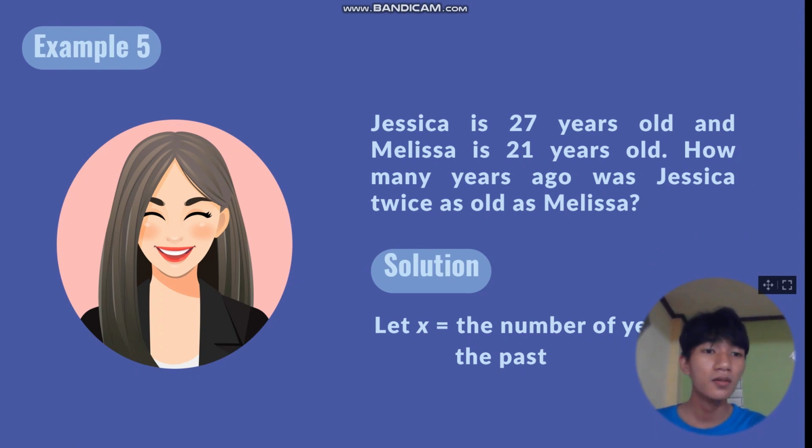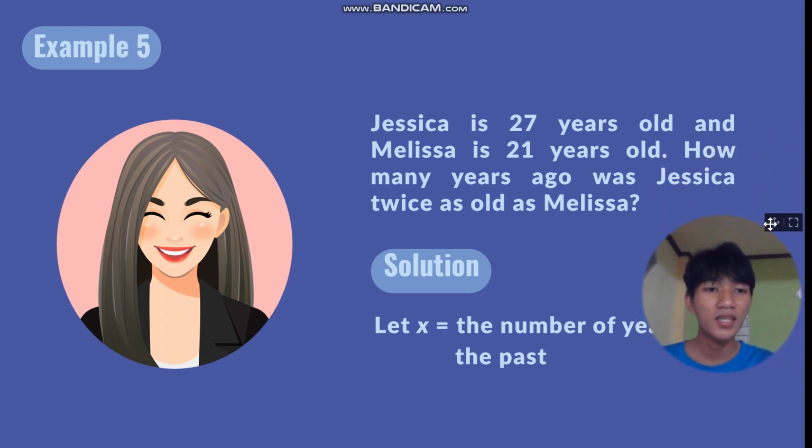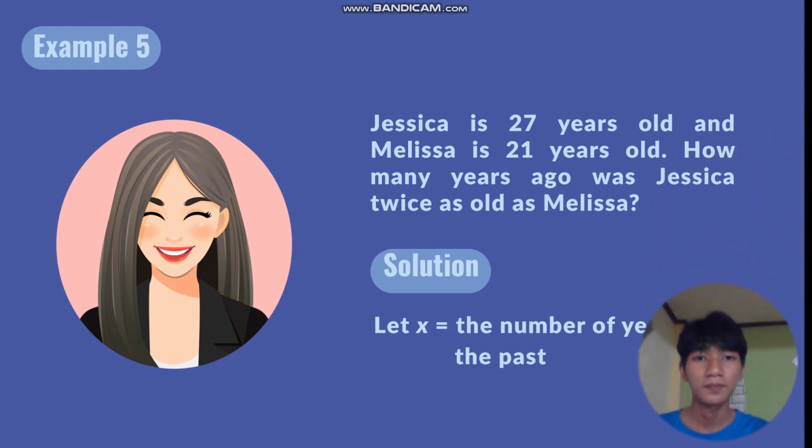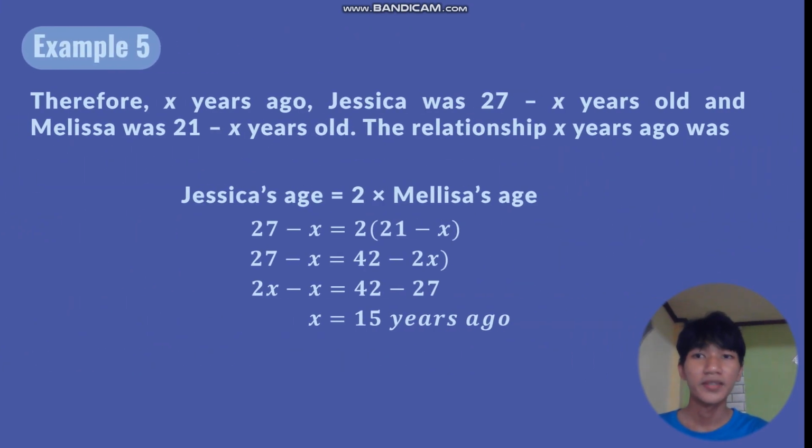For the solution, we let x be the number of years in the past. Therefore, x years ago, Jessica was 27 minus x years old, and Melissa was 21 minus x years old.